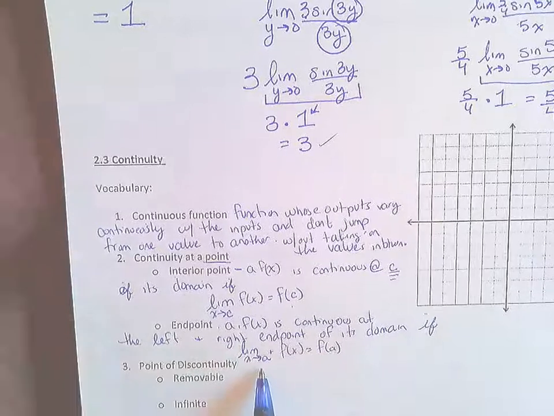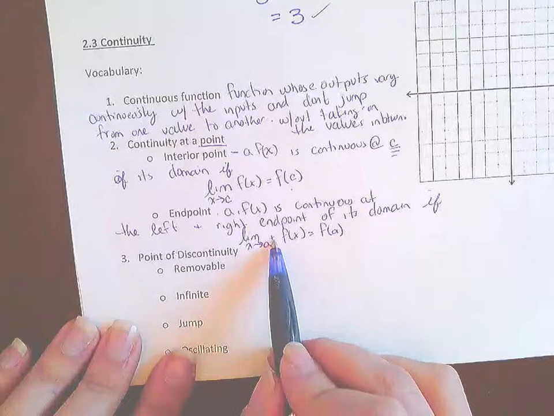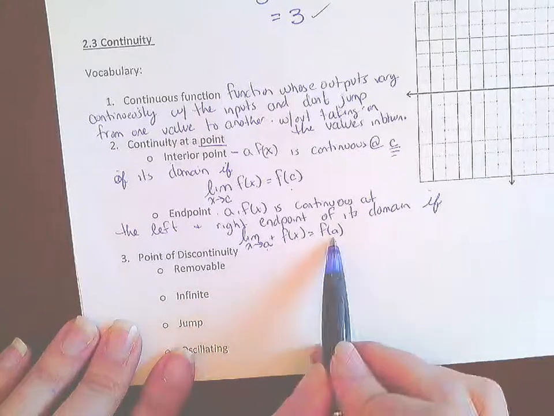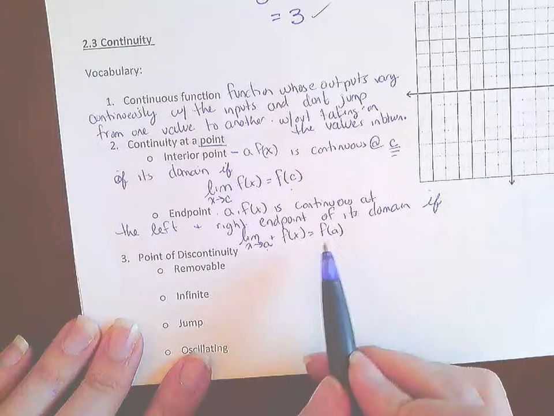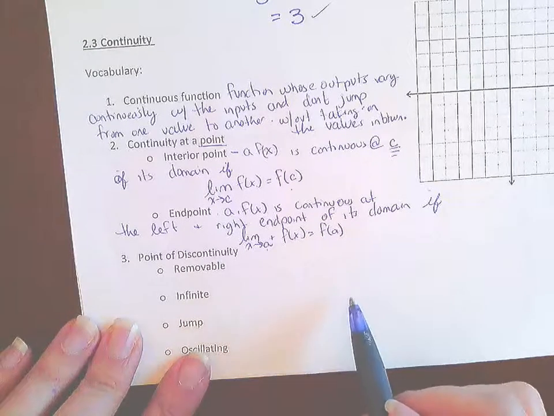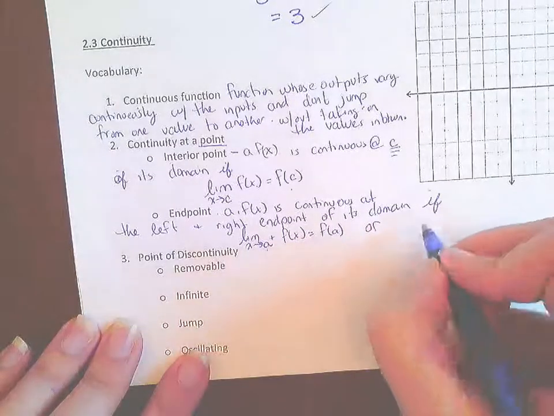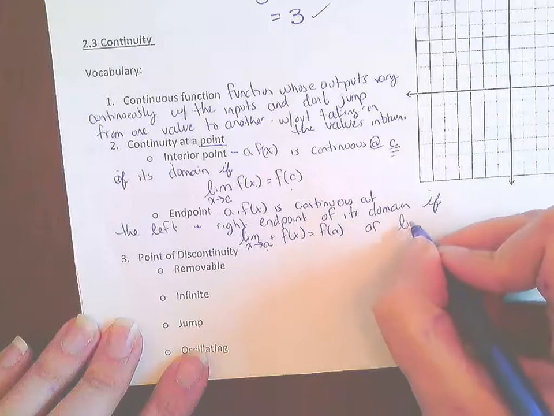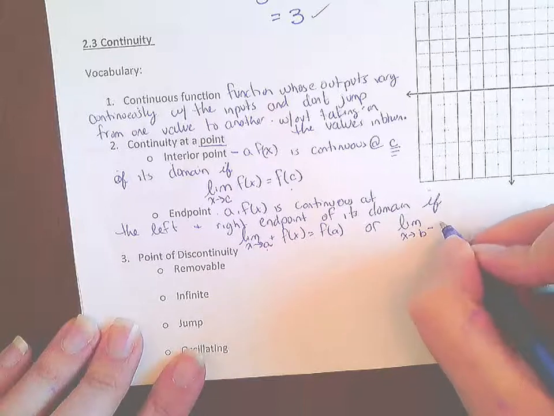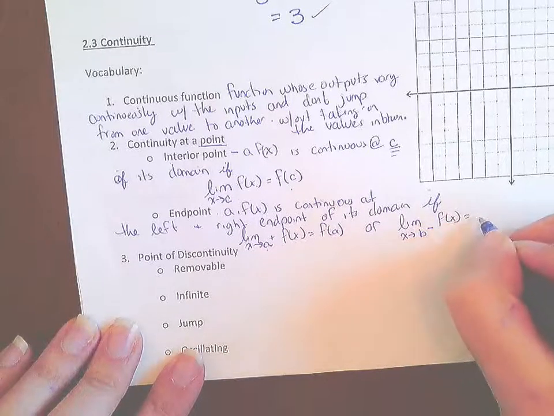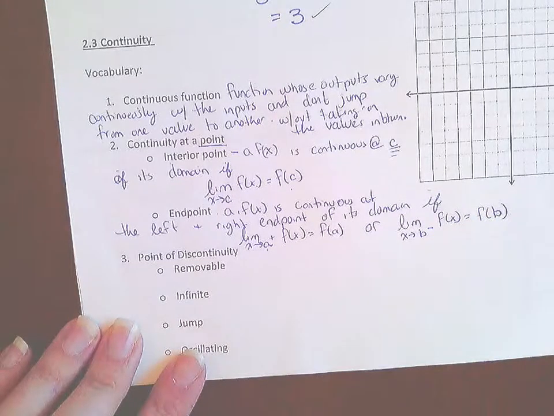So if we approach a number from the right and we just plug that in and that equals the limit, then that means that function is continuous at a left endpoint a. Or for the right endpoint, let's call it b, the limit as x approaches b from the left is equal to f of b. I'll show you guys examples of this, of course. Okay?